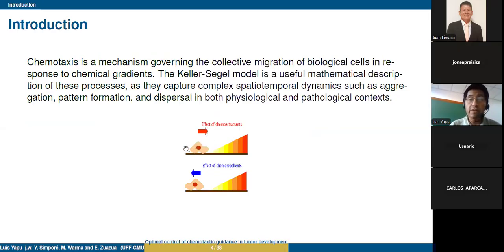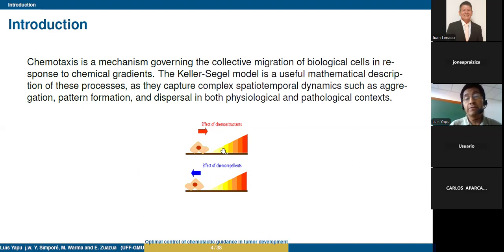What is a chemotactic system? Well, chemotaxis is a phenomenon where we have two populations. One population of cells and one population, let's say, given by a chemical, some density of chemical, and the chemical has the property that it can attract the cells or repel the cells.